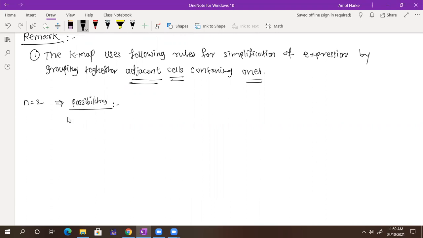How many possible combinations do we have? 2 raised to n, that is 2 raised to 2, that is 4. So for that purpose, you need to draw a Karnaugh map table.